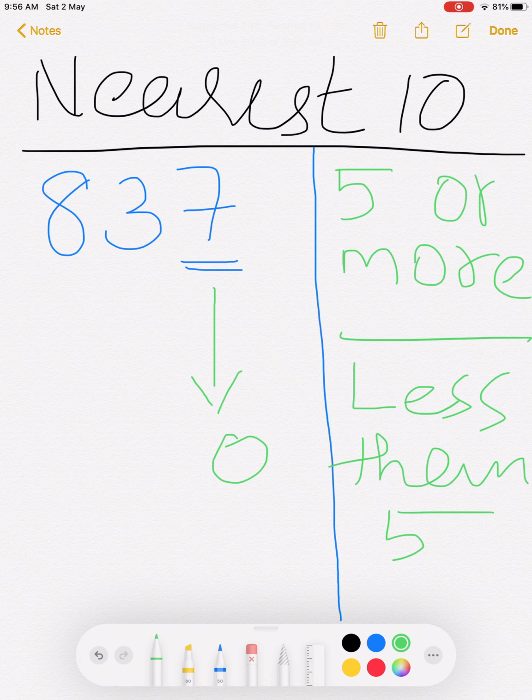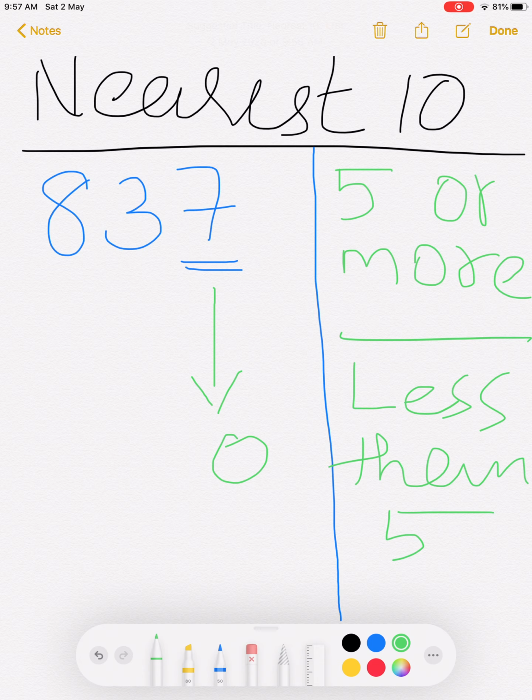So we change the tens place according to the ones place digit. First you give the ones place 0, then you check whether the ones place digit is 5 or more, or less than 5. What is the digit in the ones place here? It is 7, which is more than 5.